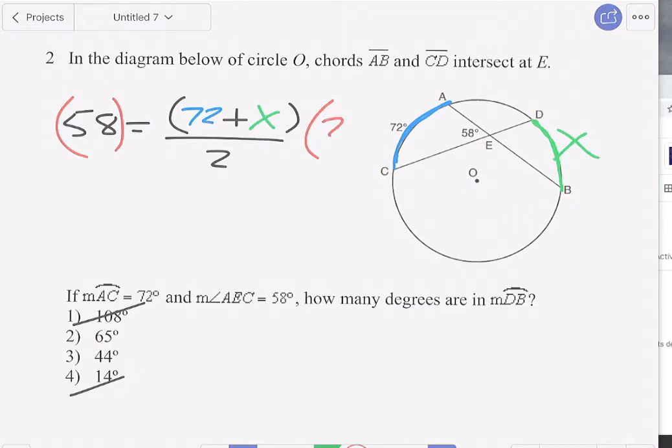To get rid of dividing by 2, I do the opposite, which is multiply by 2, which will quickly change the equation to get rid of the fraction, giving me 116 is equal to 72 plus that green x, which we're looking for. And then just getting x by itself will get me to my answer.